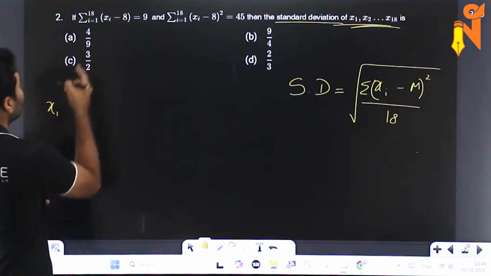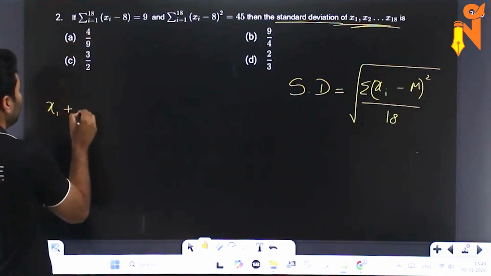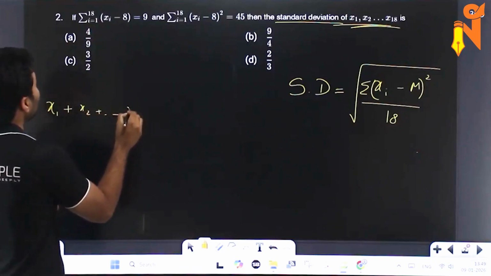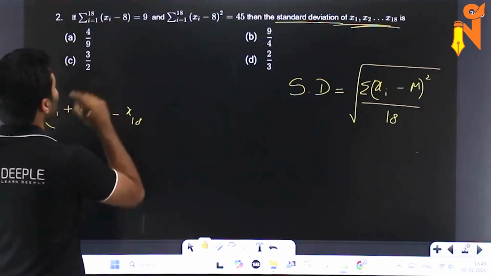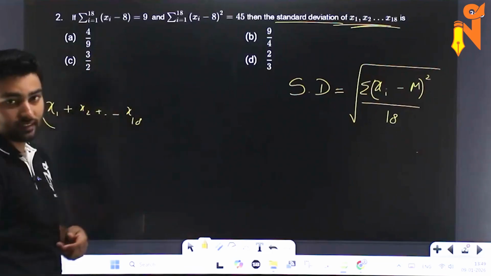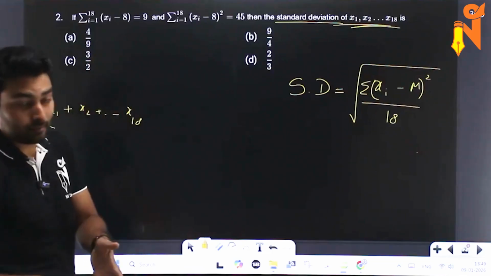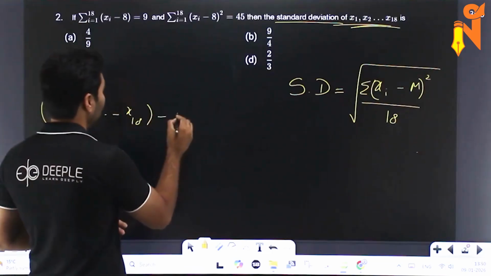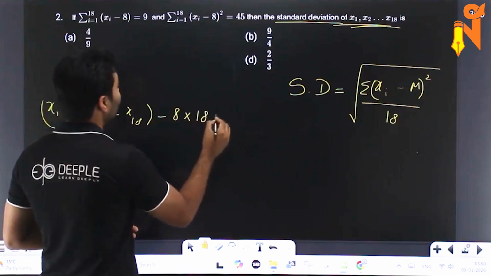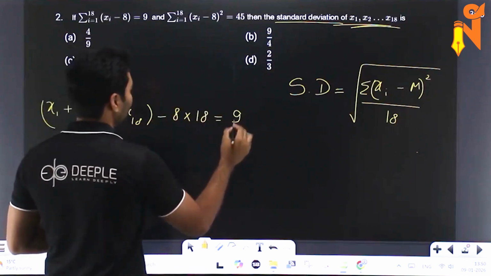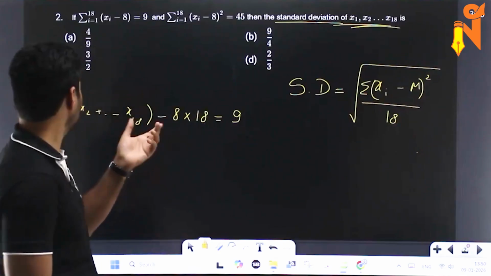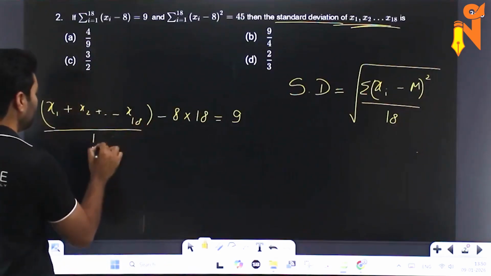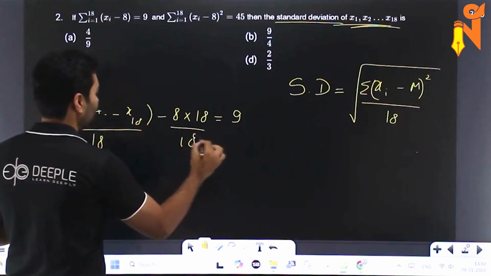Put 1 here: x1 plus x2 and so on up to x18, and minus 8, how many times? 18 times. So minus 8 into 18 equals 9. Now because I want to find the mean, divide by 18, upon 18 and upon 18.